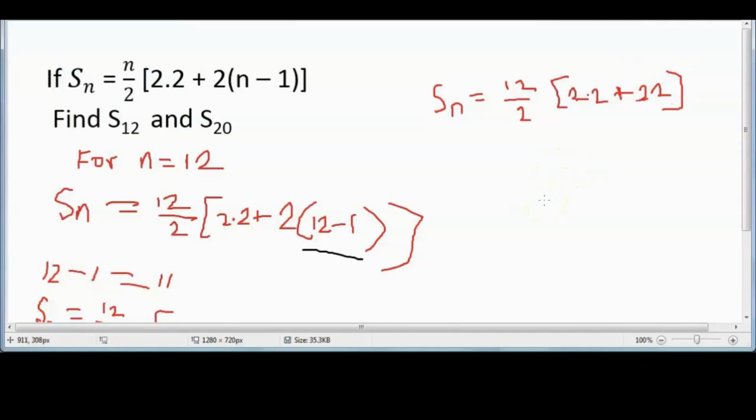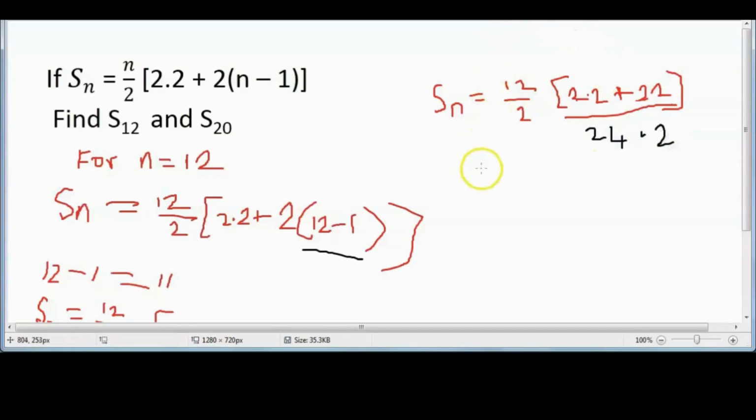Now addition. 2.2 plus 22 is 24.2. The whole of this becomes 24.2. Now the bracket is going to go.